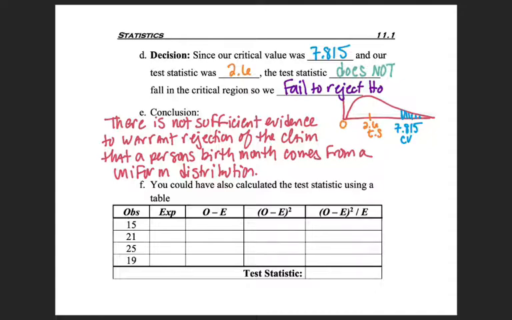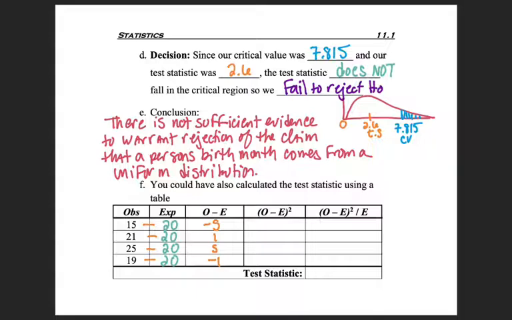Also, in chapter 10, we're working on tables to organize our data. Maybe you want to do that here. The formula is to add up all of the observed minus expected squared divided by expected. So why not, once you figure out what the expected is, fill that into a table. You could then subtract the expected from the observed.